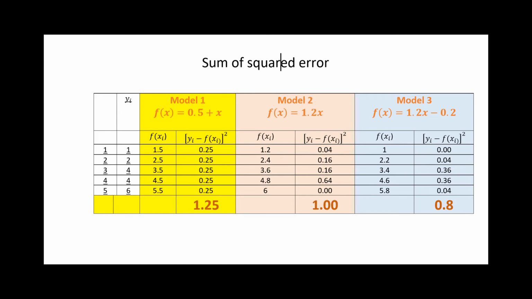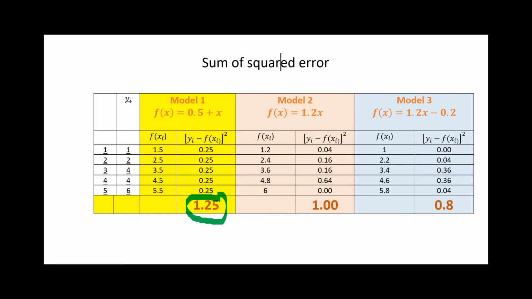In order to find which one is the best fit, we have to find the errors. The error is the difference between y_i, which is 1, 2, 4, 4, 6, and the corresponding f of x_i, squared and summed up. So we are trying to find the sum of the squares of these errors for each model.